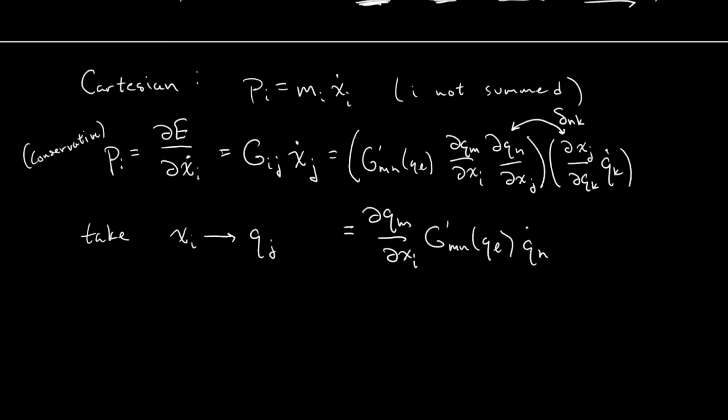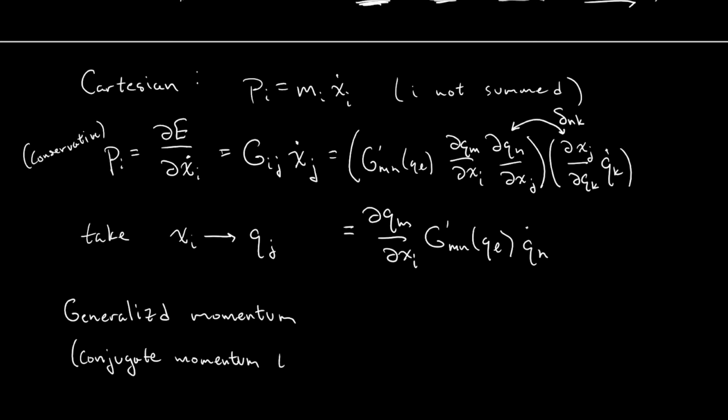So now I'm again going to define something, just give something a name. I'm going to say this is a generalized momentum. This is also typically called a conjugate momentum to q_i.